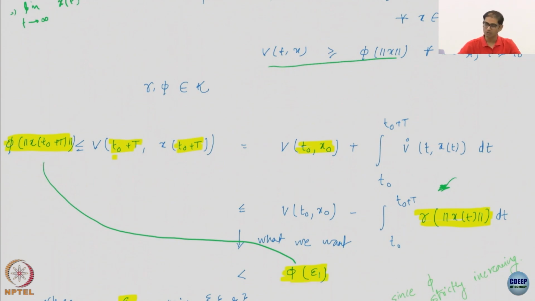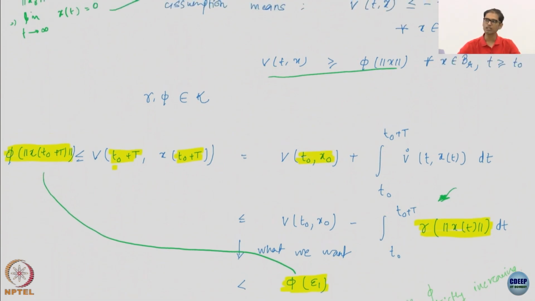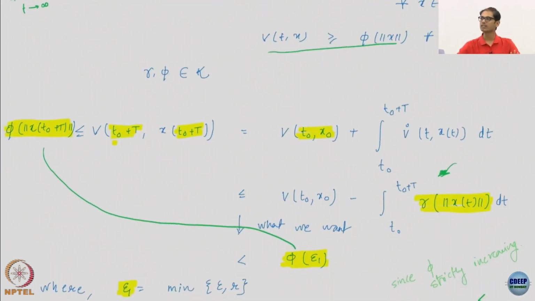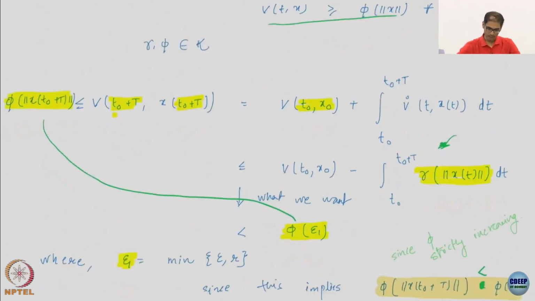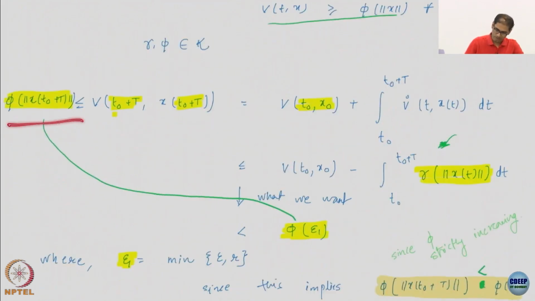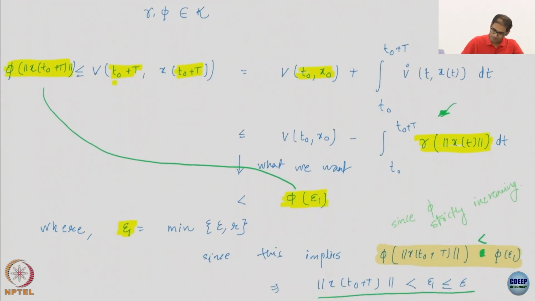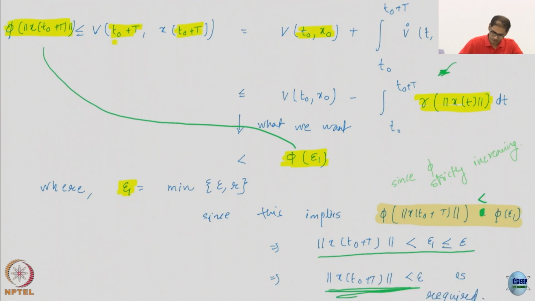Now, what is epsilon 1? Anybody? I think it's already down here, but what is epsilon 1? Exactly. We already know what it is. It's just the minimum of epsilon and r. We always use epsilon 1 and not epsilon. So, what happens if this inequality holds?